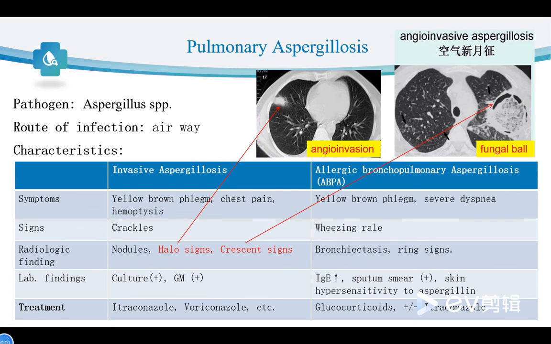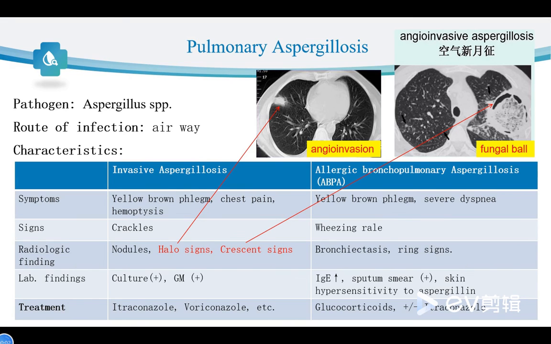All of the nodules, halo signs, and crescent signs will show an invasive aspergillosis. But in ABPA, we cannot find these special signs, we can only find bronchiectasis or ring signs.